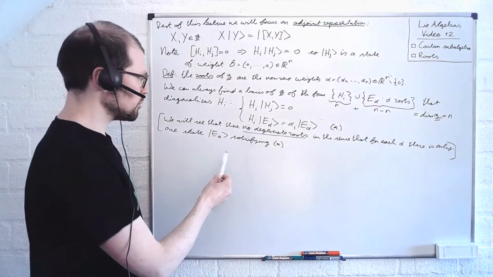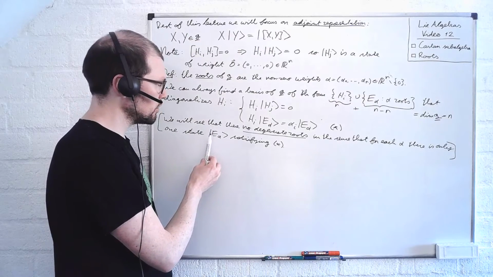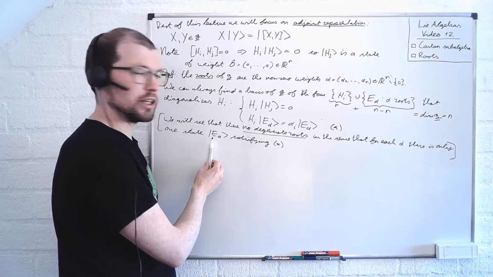So that means that up to some multiplicative factor, our choice of these basis states E of alpha is really unique.